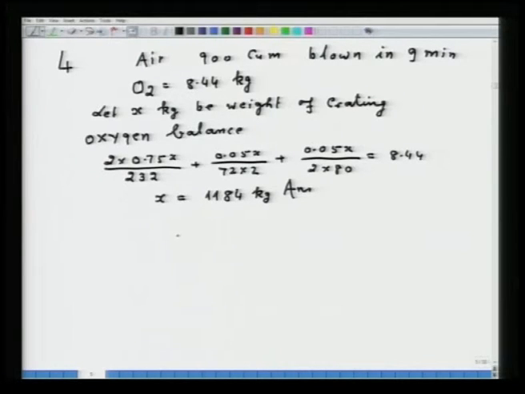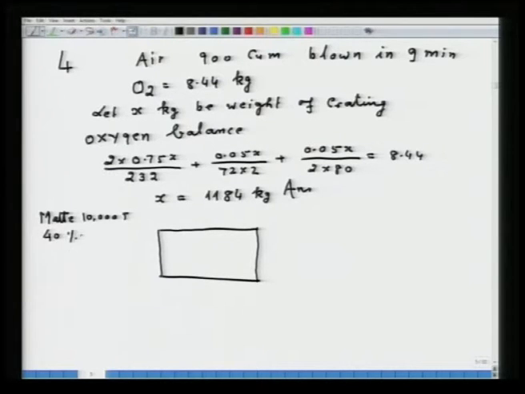Now, the problem says further that once this coating is formed, the slag formation stage begins, and at the slag forming stage we have charged 10,000 tons of 40% matte. Then the composition of flux is given to us.